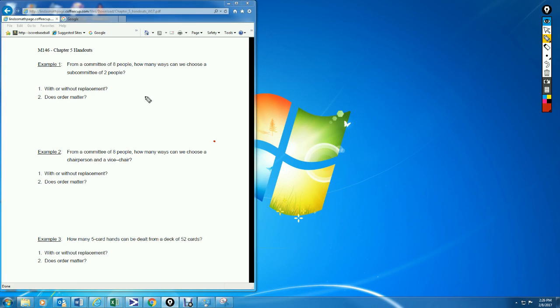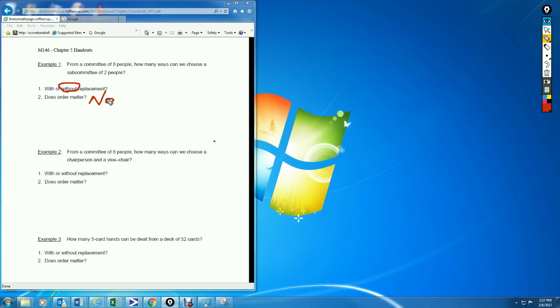So first of all, we're asking with or without replacement. Clearly, you want 2 different people. If you pick the first person, you're going to leave them out because you're not going to pick them again, because you want 2 different people. So clearly this is without replacement. Does the order matter? No, because I'm just trying to create a subcommittee, a group of 2 people.